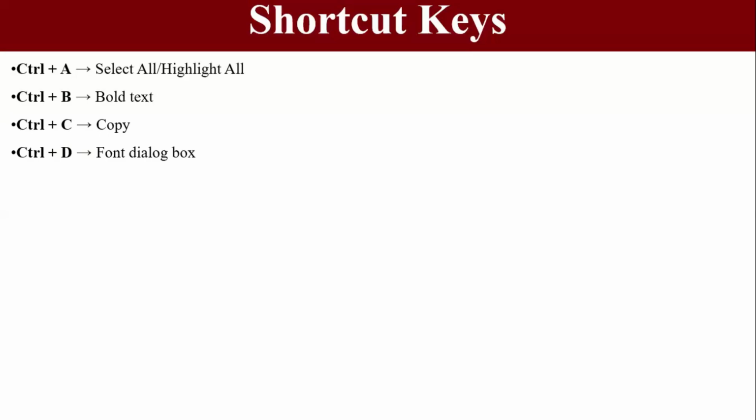For example, no need for you to navigate to your home menu bar and click on bold, or maybe you are inside the insert menu bar and you want to customize or do something else. No need for you to navigate from the insert menu bar and go back to the home menu bar to do that. You can just press Control D. It will open the font dialog box for you, and from there you can customize. You can change the font style.